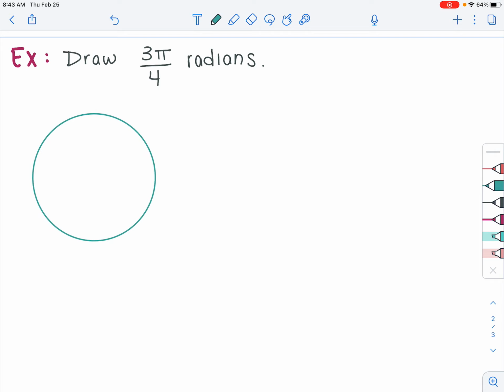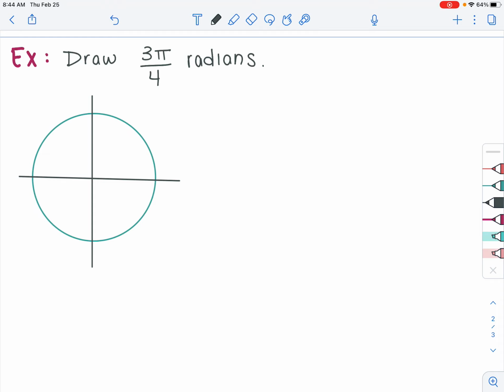You know how to convert these to degrees, so you can go in and convert 3 pi over 4 to degrees to get a better idea. But let's take a chance and think about it a little bit and find out where 3 pi over 4 would be.